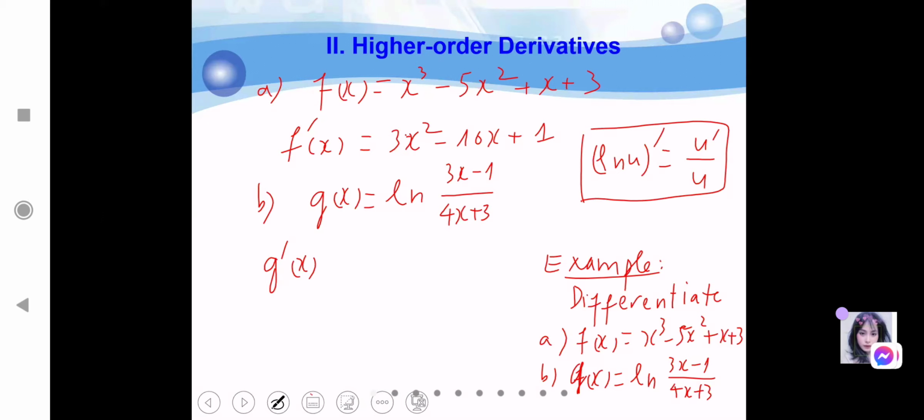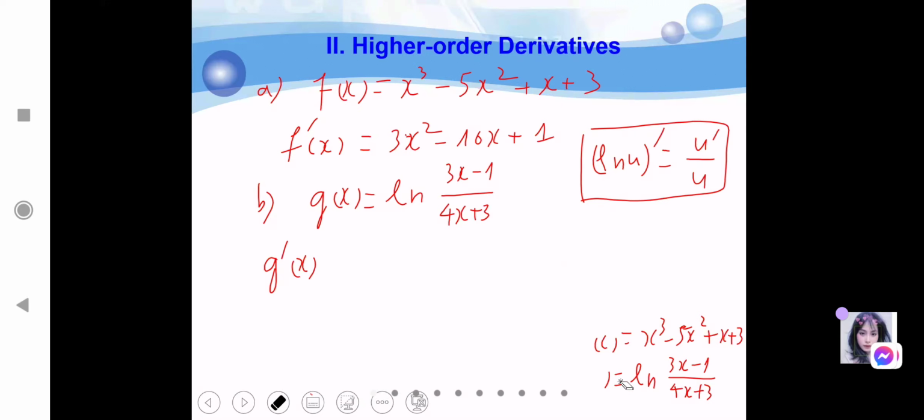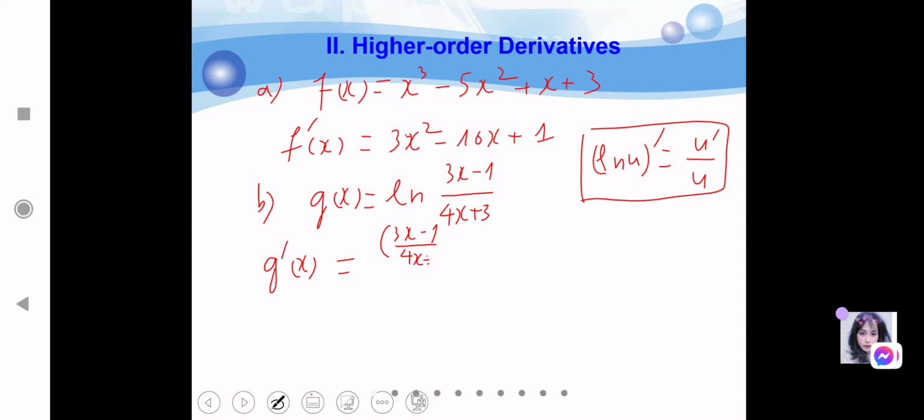Write this formula. In this case, u equals (3x minus 1) over (4x plus 3), so the derivative is u prime over u.